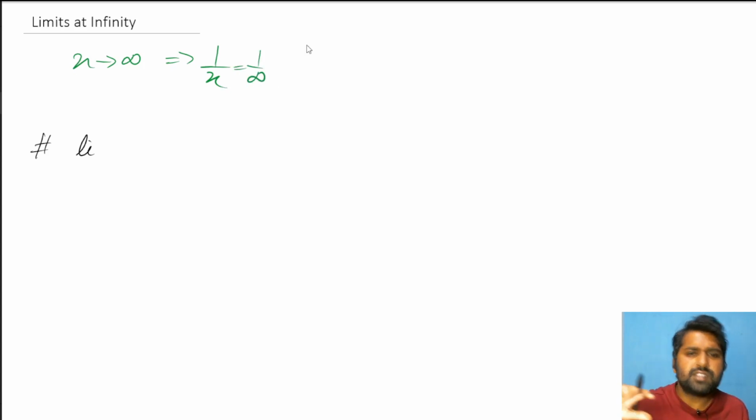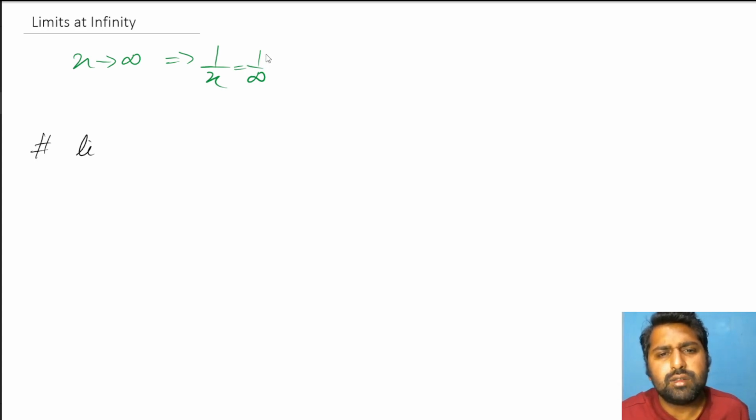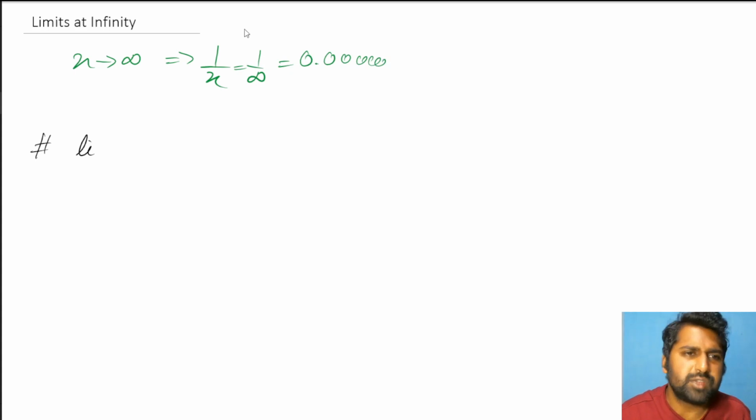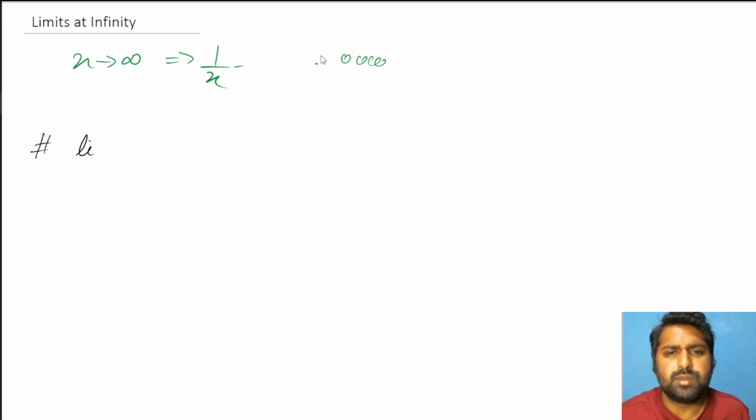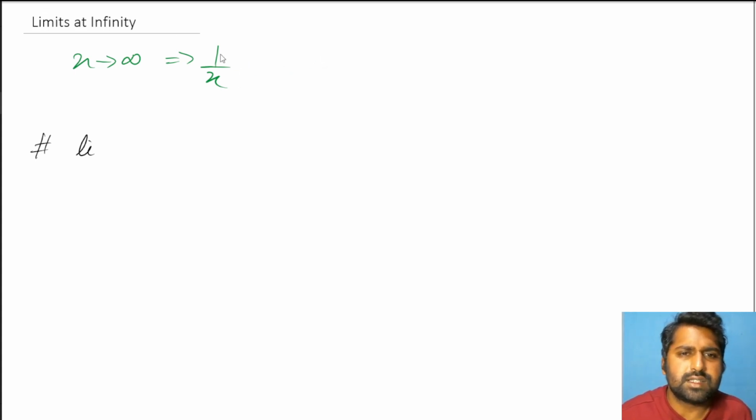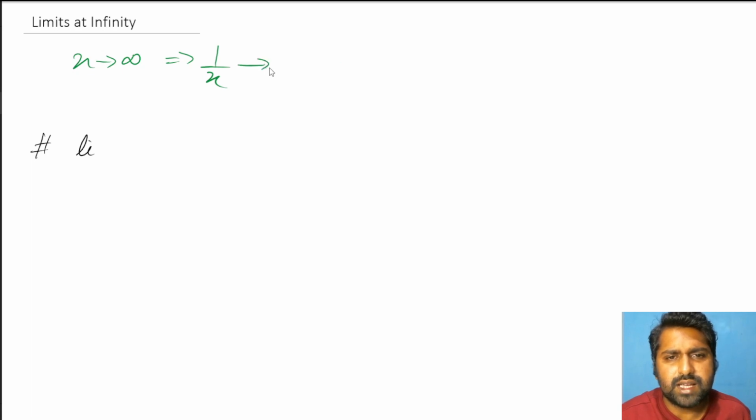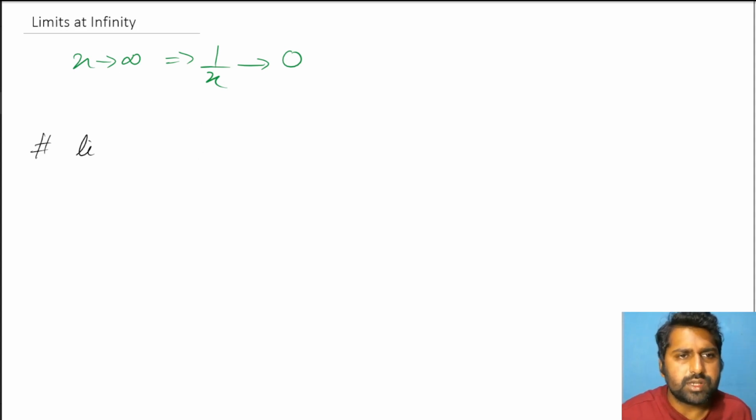And infinity is a very large number. If you divide 1 by a very large number, it will come 0.000000 something like that. So if x tends to infinity, 1 by x tends to 0. This is the only idea that we'll use here.